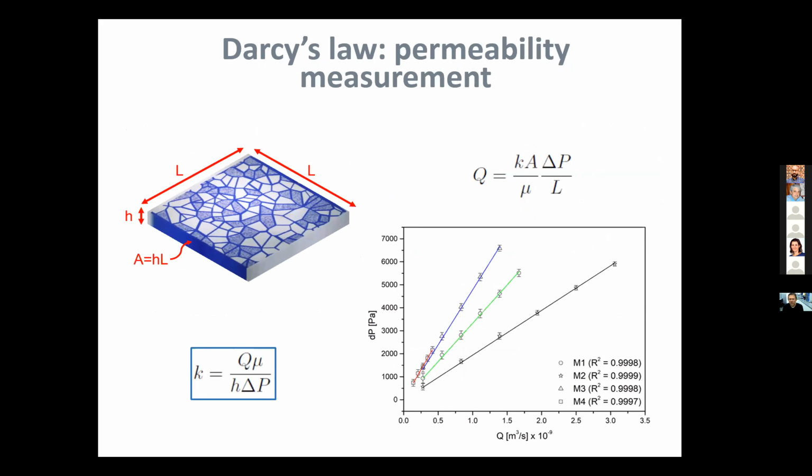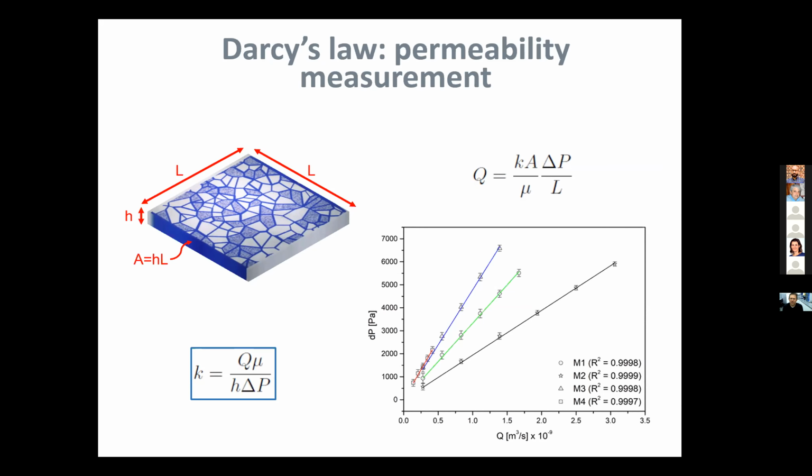After that, we performed some permeability measurements. For that purpose, we have considered Darcy's law. Darcy's law relates the volumetric flow rate with the pressure drop across the system. Here, the permeability is the proportionality constant between the flow rate and the pressure drop.